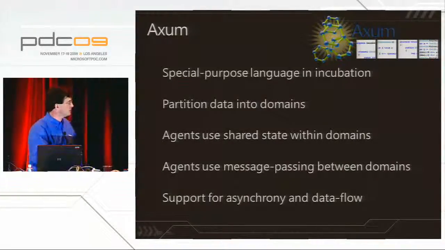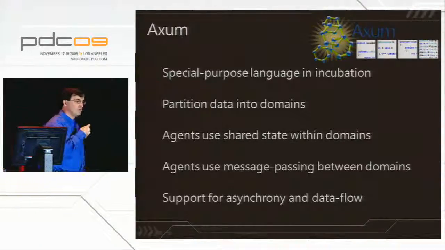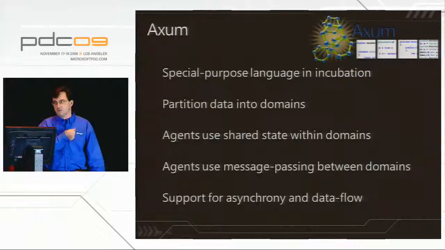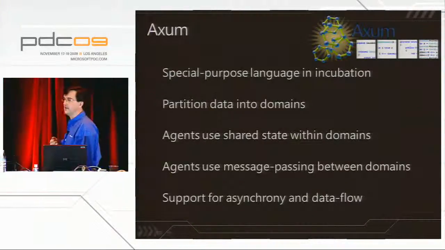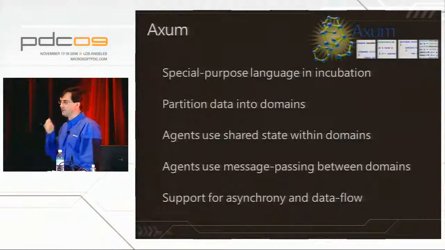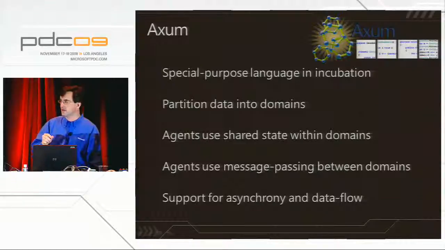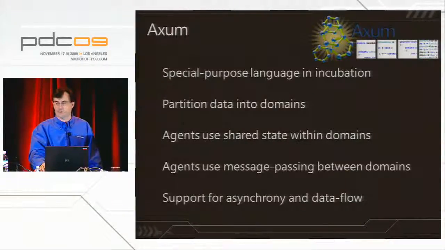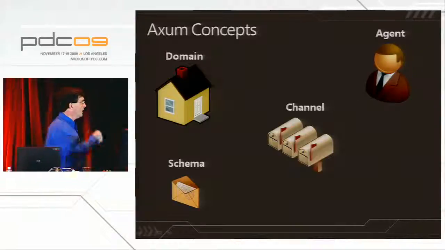And just to give you an idea of what we have to do to prevent you from circumventing that, agents in domains do not have access to statics in any class or global data in any way, right? Because that would be an escape hatch from this. So it's being strict and kind of anal about that. All right. And then Axum adds support for asynchrony and data flow. And I'll go into data flow a little bit later.